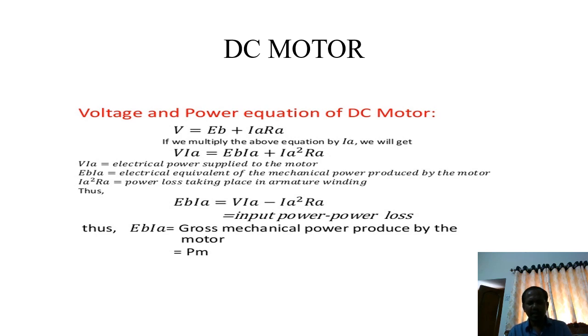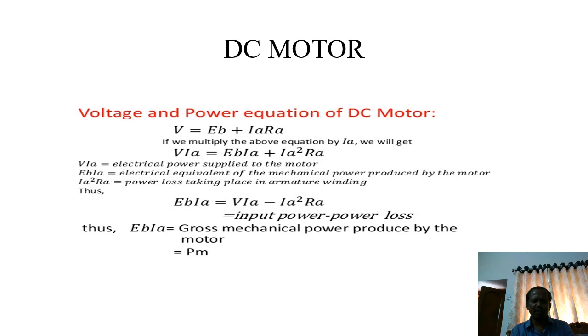EBIa is the electrical equivalent of the mechanical power produced, the mechanical power produced by the motor. Ia squared Ra is the power loss taking place in the armature winding, the armature copper loss.